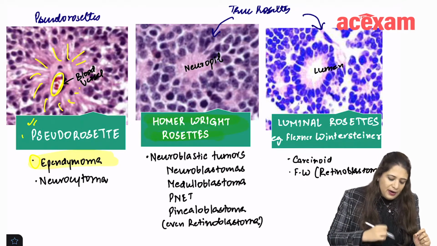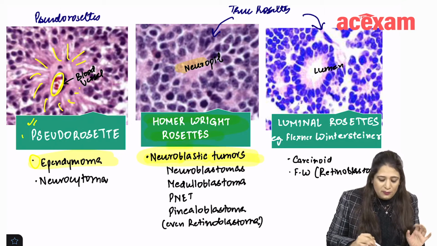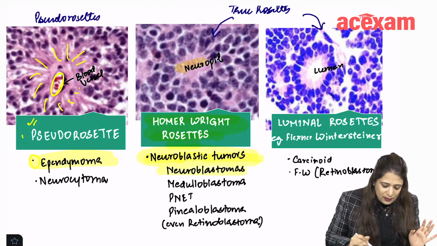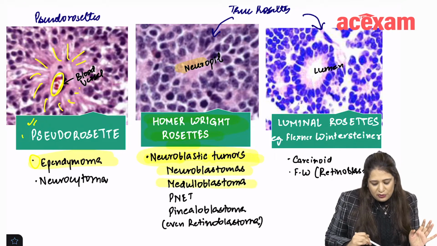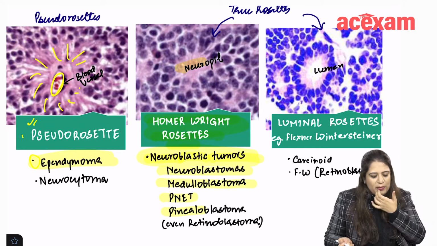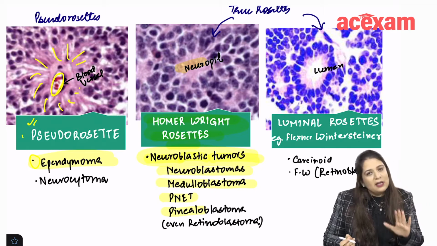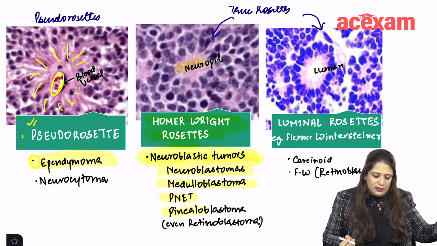These Homer Wright rosettes are seen in neuroblastic tumors. The host of neuroblastic tumors show true rosettes, the Homer Wright rosettes. For example, neuroblastomas, medulloblastomas, all the primitive neuroectodermal tumors, even pineoblastoma. So when in doubt, if the differentiation is neuroblastic, think of true Homer Wright rosettes.